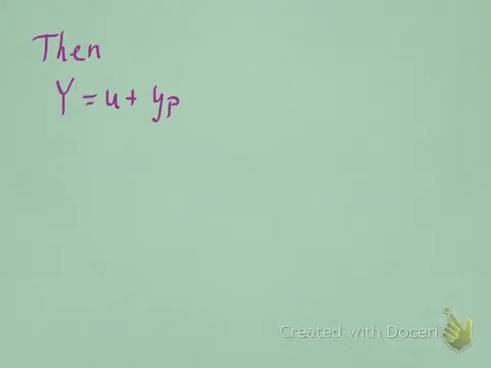Now, if we go back to how we defined u, if u was y minus yp, that means capital Y equals u plus yp. We just showed that u had this form of a linear combination of my yi's, so that means big Y is c1y1 plus ... plus cnyn plus yp, and that was exactly what we were trying to show.